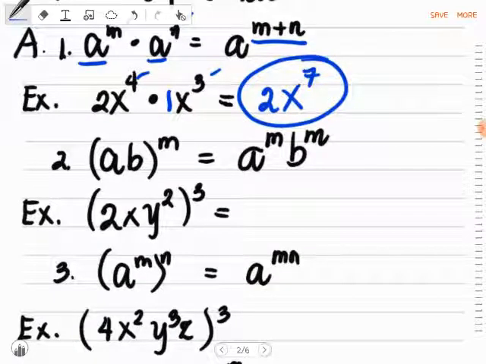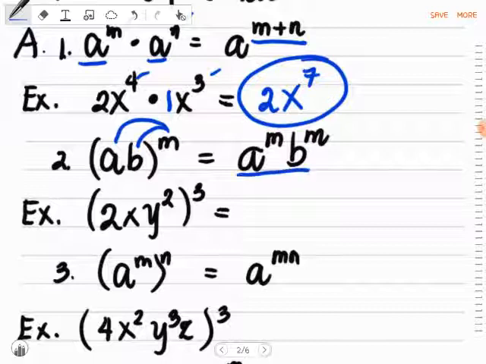Another rule we have is quantity ab raised to m is equal to a raised to m, b raised to m. In short, this m will be multiplied to the exponent of a and b. Let's say the exponent of a is 1 and the exponent of b is 1. That's why 1 times m is m and 1 times m is m for b.